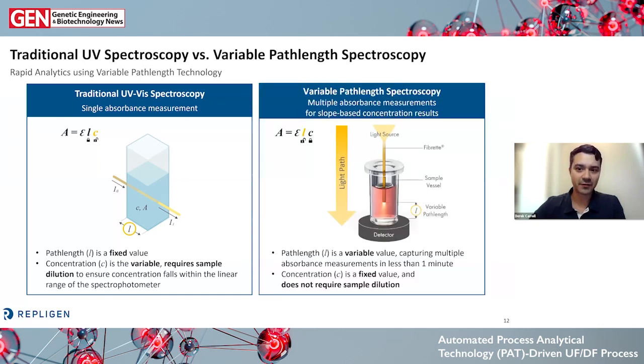With variable path length spectroscopy, it now unlocks path length. So you put your sample directly into a sample vessel, or in the case of the inline, you pass it through the flow cell. The path length is now a variable, and it will adjust to find the value that is not saturated, so you don't require any dilution to measure concentration.